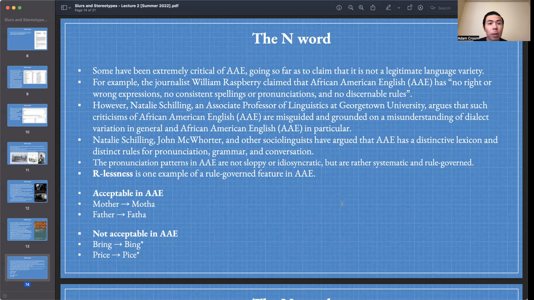So Natalie Schilling, an associate professor of linguistics at Georgetown, for example, argues that such criticisms of African-American English are misguided and grounded on a misunderstanding of dialect variation in general and of African-American English in particular.